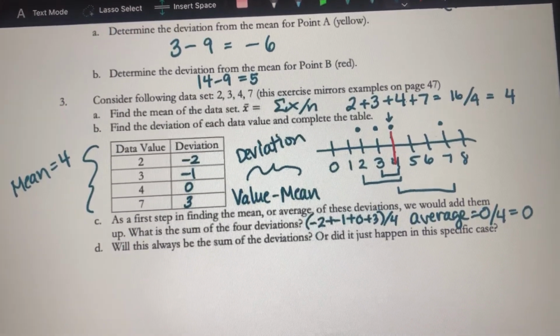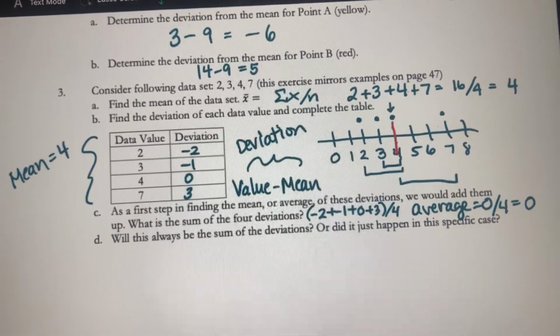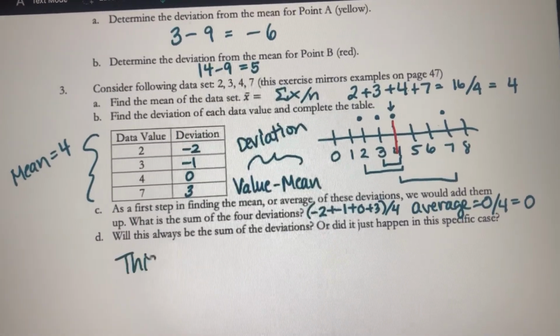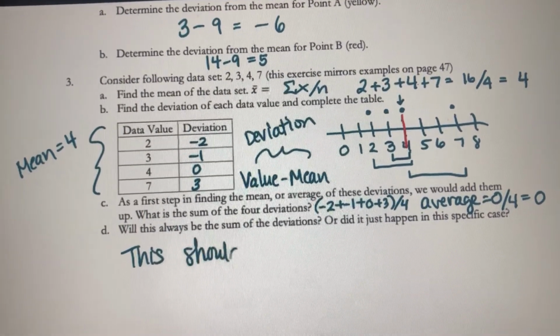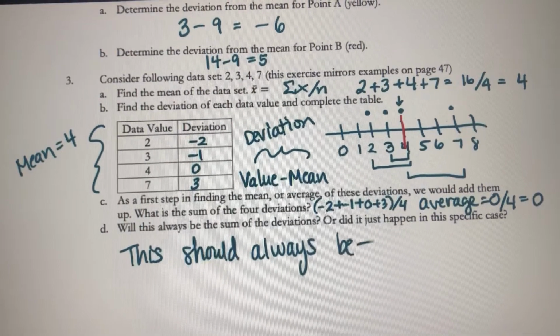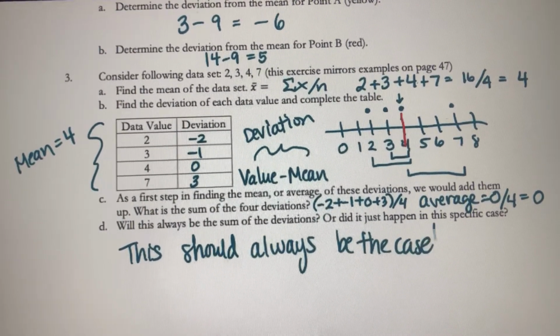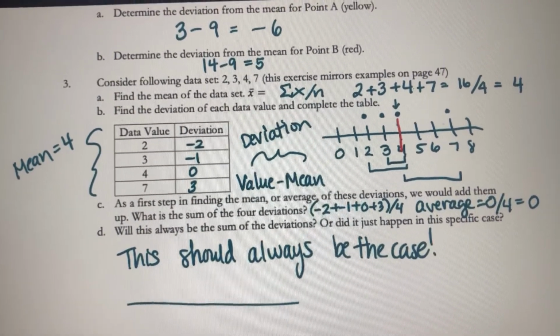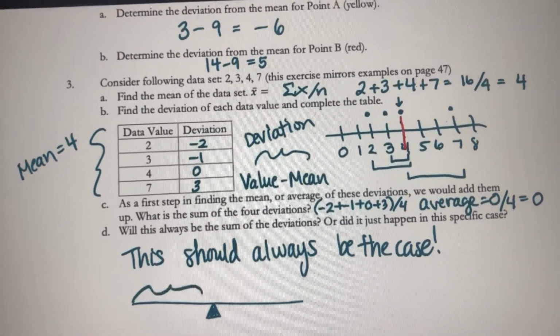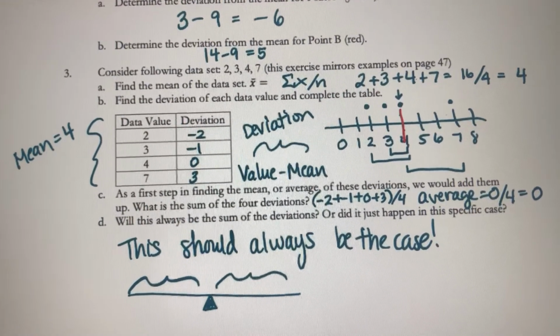Will this always be the case, or did this just happen? This should always be the case. Can you think about why? Remember that the mean is a balancing point, and you're balancing the values of the data and the distribution to the left and the right.